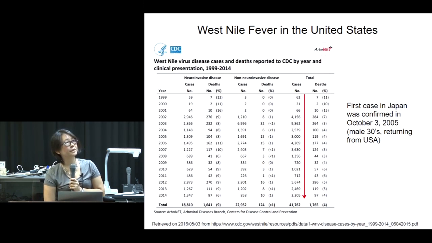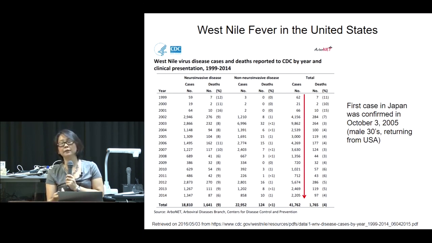If we see, this is data from CDC in the United States. This is the number of cases of West Nile virus reported to CDC by year from 1999 to the year 2014. So the number of cases have been increasing.